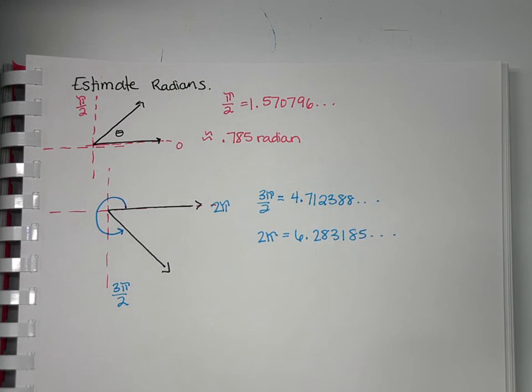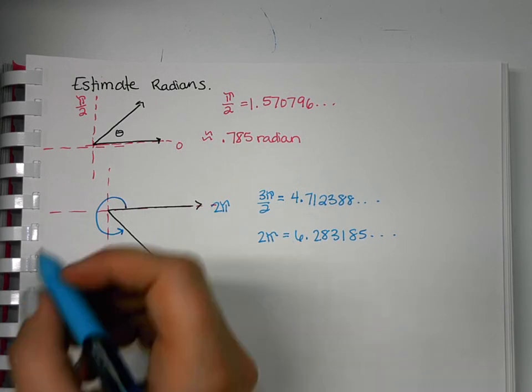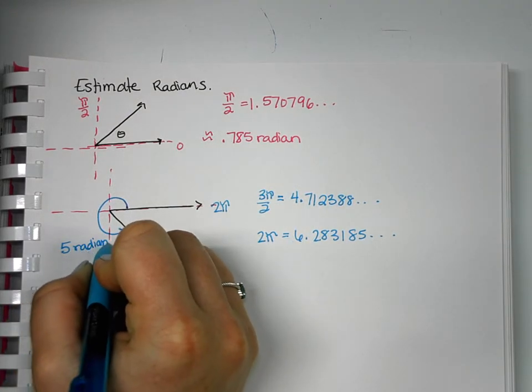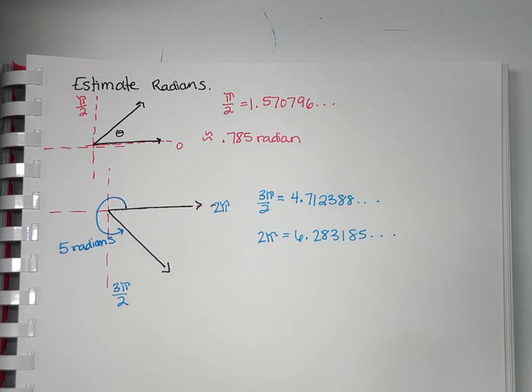So because this isn't quite halfway, I might say, I'd say it's about 5 radians. And so when we estimate, we're not going to be accurate. It's a good guesstimation as to what it might be.